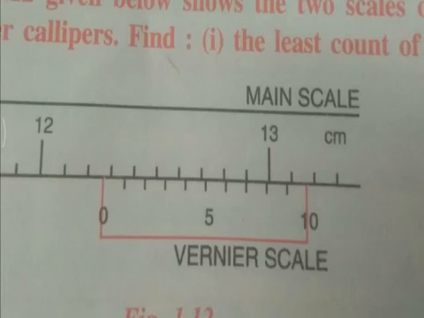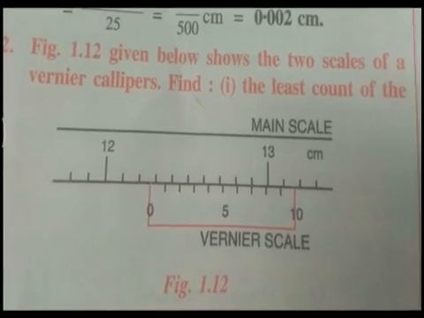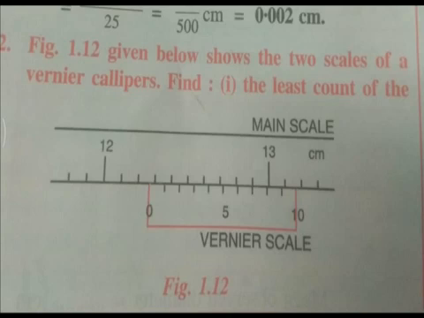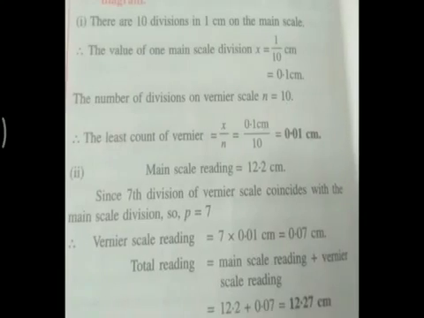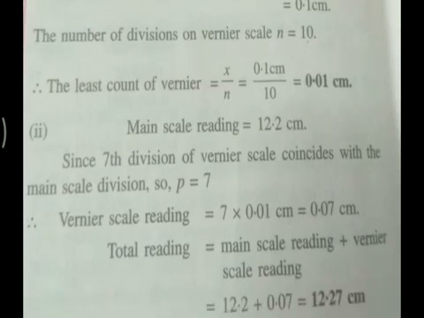Now what is our formula? Formula is what? Main scale reading plus vernier scale reading. And vernier scale reading is what? Coinciding division multiplied by the least count, that is 7 into 0.01. So it will be what? 0.07. That means 12.2 plus 0.07. See, here is the solution. See, the main scale reading is 12.2.